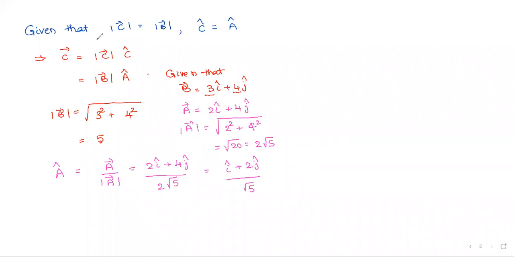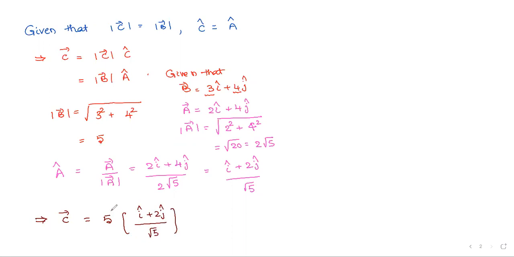Then here, coming to mod C, C bar equals to, I am going to write mod B bar, which is 5, into A cap. I am going to substitute A cap like I cap plus 2J cap by root 5.